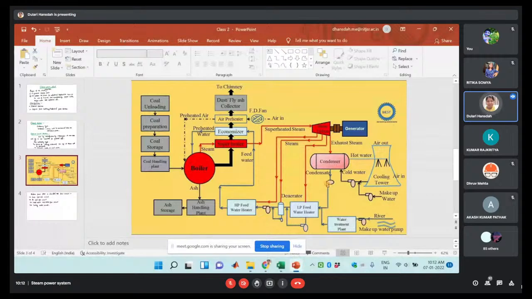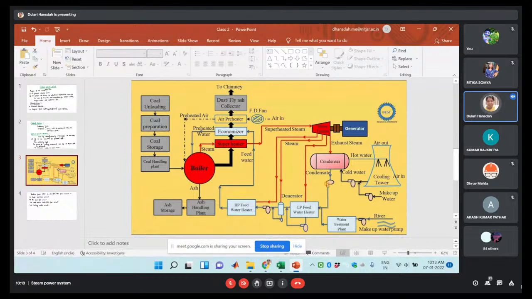Here over the grate, the solid fuel will be burned, and due to the combustion of that solid fuel, the ash will be collected at the ash pit, handled in the ash handling plant, and then stored in the ash storage location. This whole process is known as your coal and ash circuit.